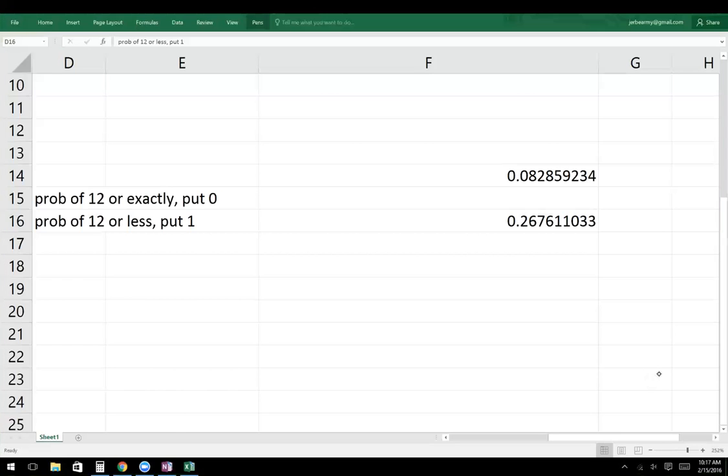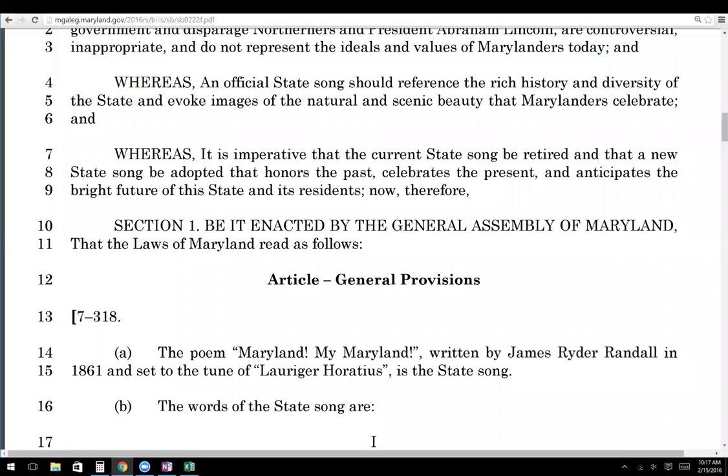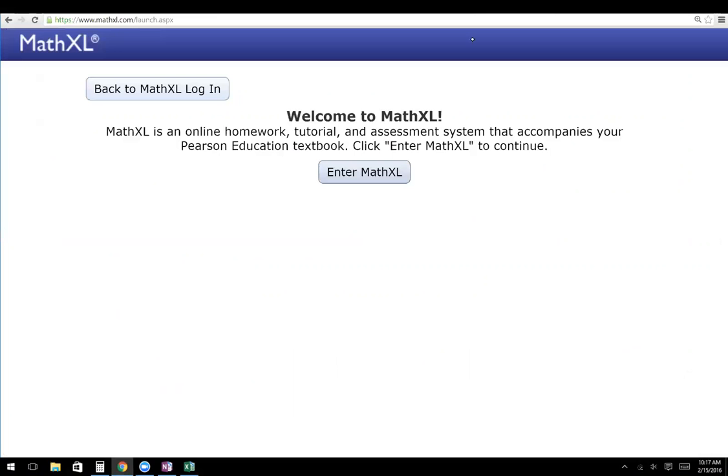Go to the homework right quick, and we should be able to get through this pretty quickly. Apparently my other window got closed.